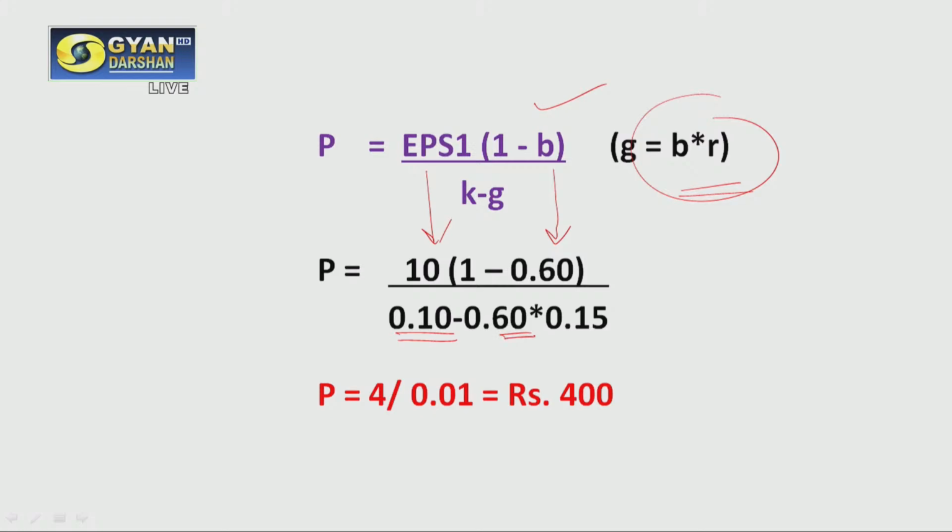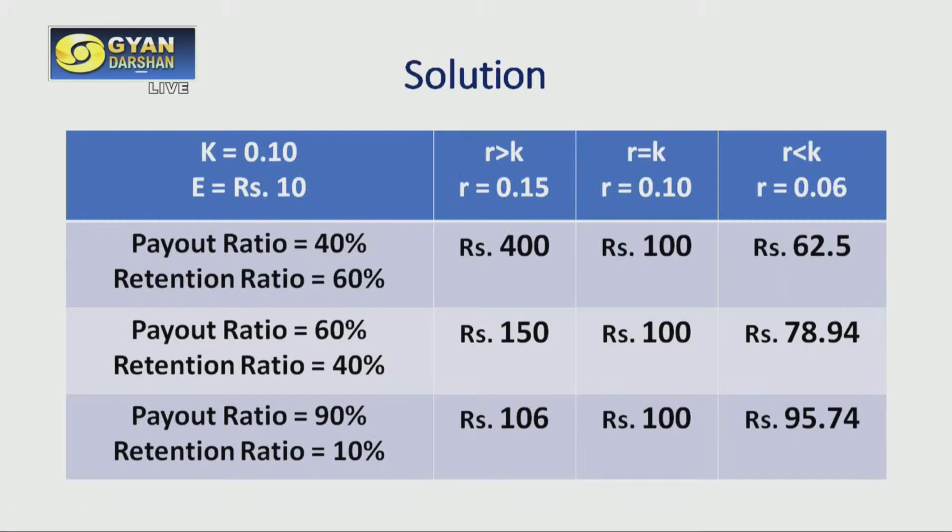So retention ratio here is 60% and our rate of return is 15% in case 1. Now by solving this equation, we can see that the price of the share here will come as rupees 400. What we need to do, we just need to replace this amount with a question mark which is given in the blank table where we have summarized the question.